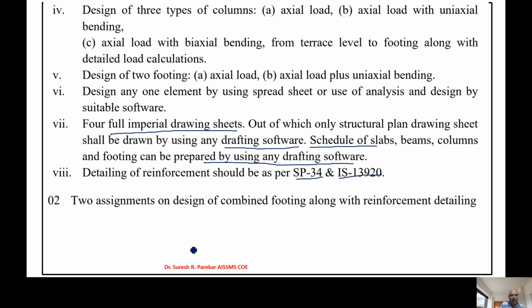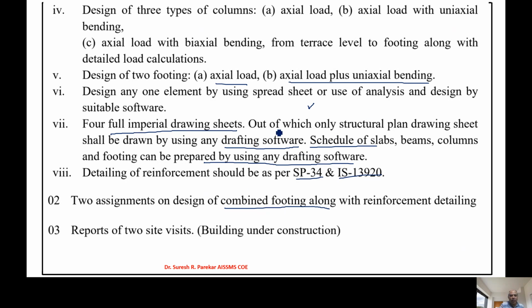This is first. Second, we have 2 assignments on design of combined footing. Here we are not going to design combined footing in the project. Here you can see we have design of footing for axial load and axial load plus uniaxial bending, so these are isolated footings. So we have 2 assignments on combined footing along with reinforcement detailing.